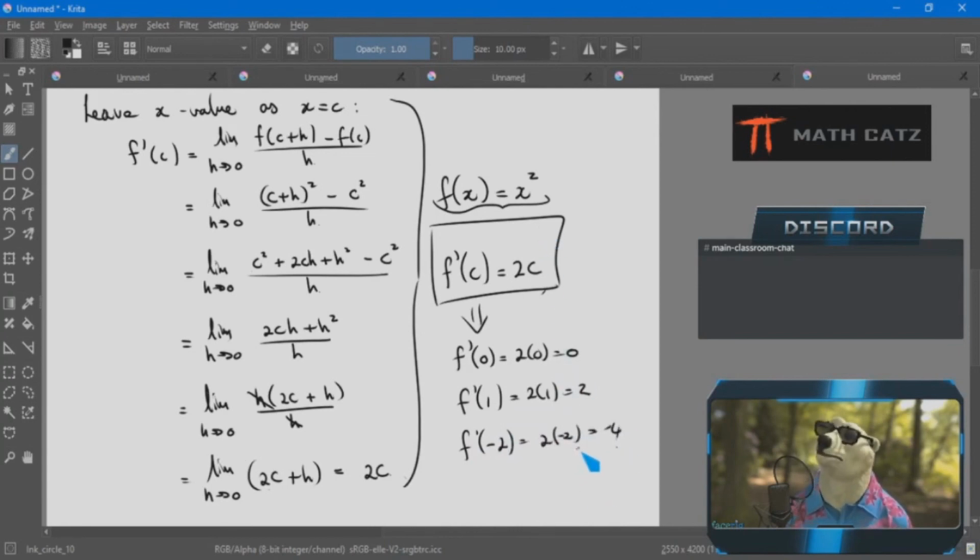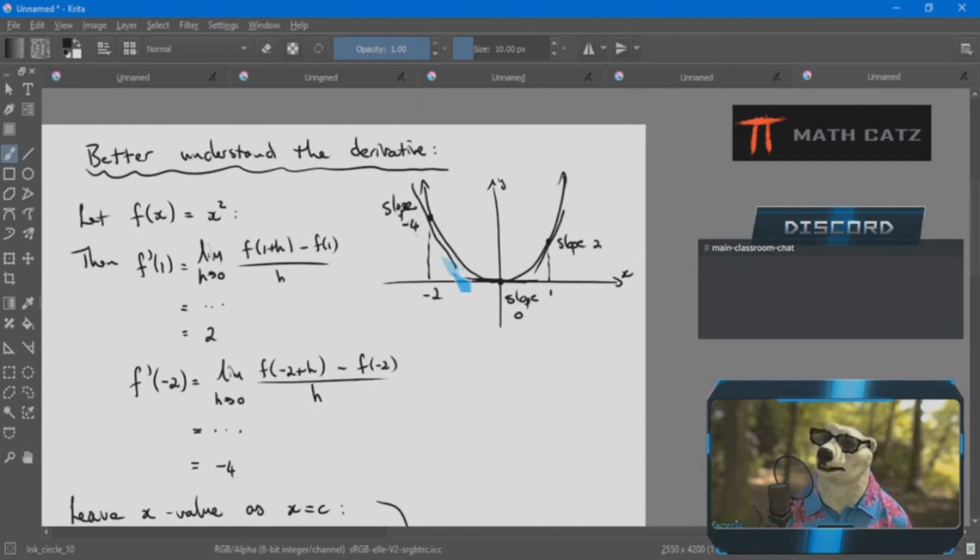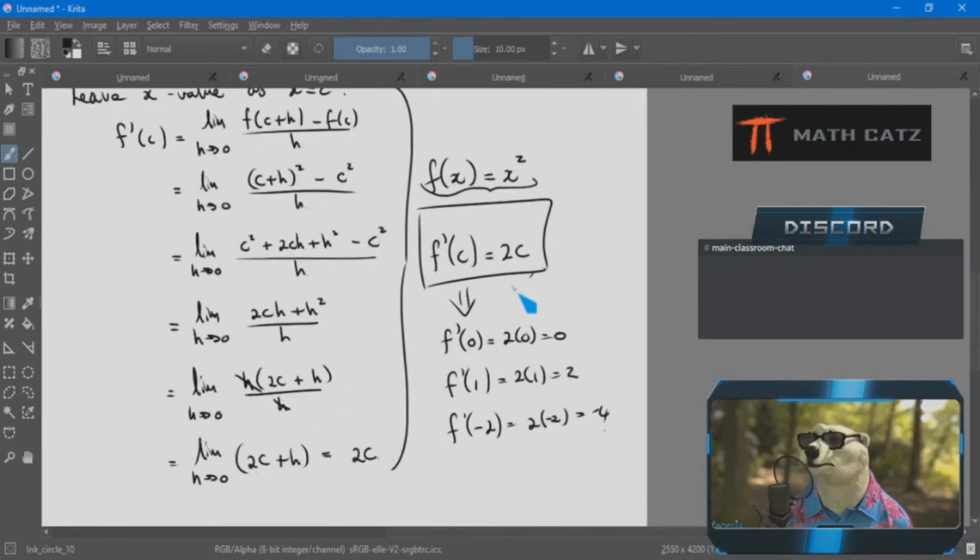So now I'm in a much better position. I can find the slope values. Remember, the derivative is the slope of the tangent line. I can find these slope values much more effectively. Without having to do the limit every single time, I now have a formula to handle any x value you may be interested in. Maybe these three, maybe some others.